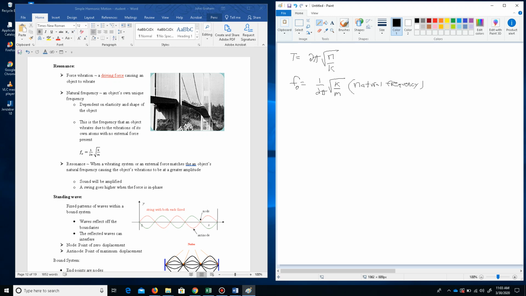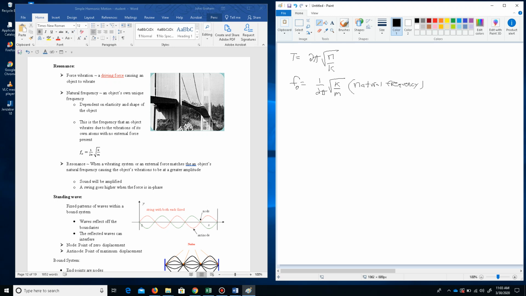And this is, of course, due to the vibrations inside any material. Right? So when you have resonance, you have this vibrating system of the material and an external force causing it to vibrate at that frequency, and you get a greater amplitude, especially if it's sound.